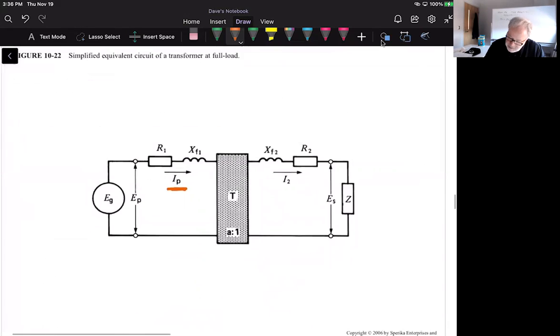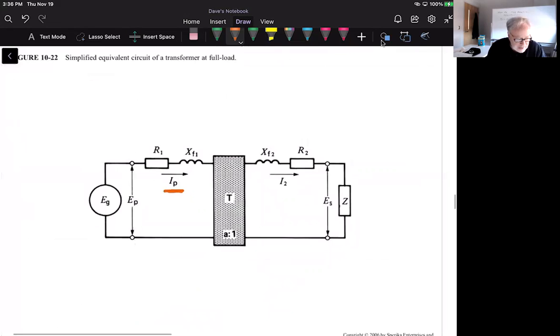Okay, so if that's the case, since it's 20 times larger, we can basically neglect the I sub O because it's so much smaller than the I sub P on the loaded transformer. And we can just basically do away with that whole parallel branch.